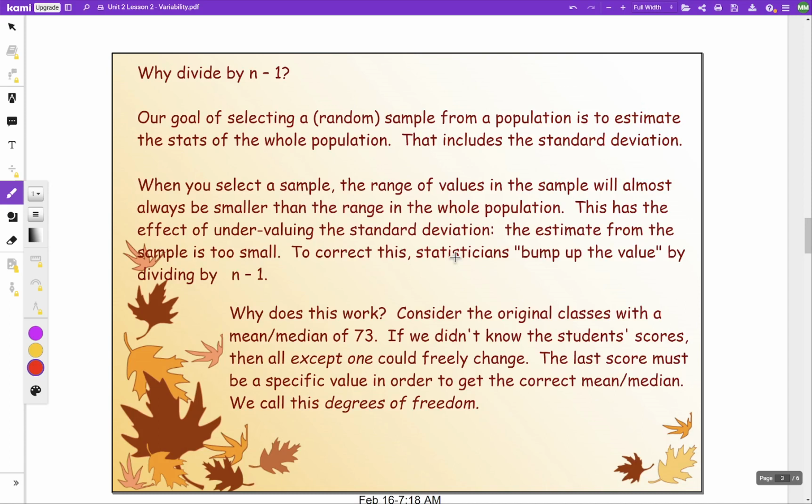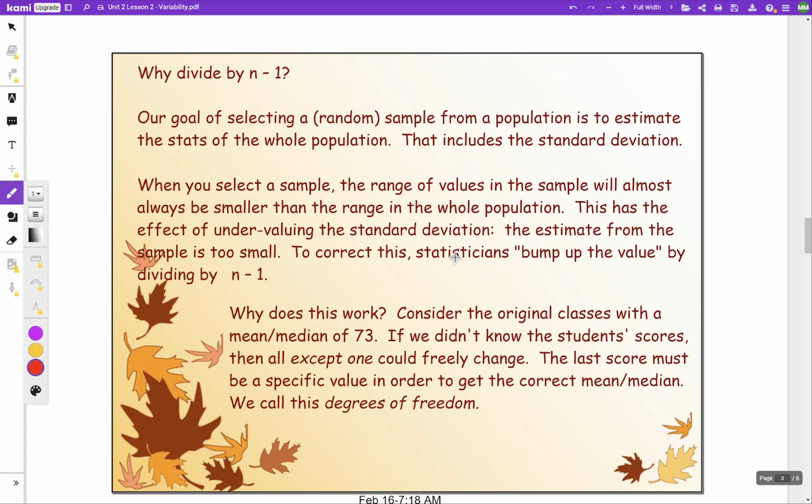When you select a sample, remember that we said if you select a good sample, the average of the sample should be pretty close to the average of the population. Like if I took a sample of students, or remember we thought about the community service, right?